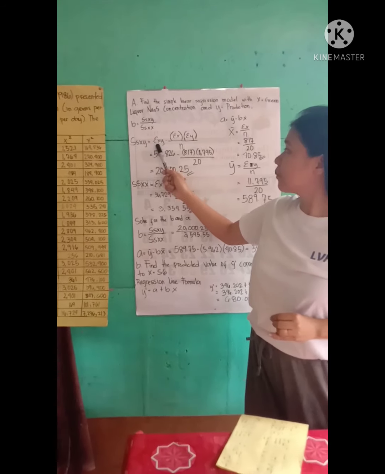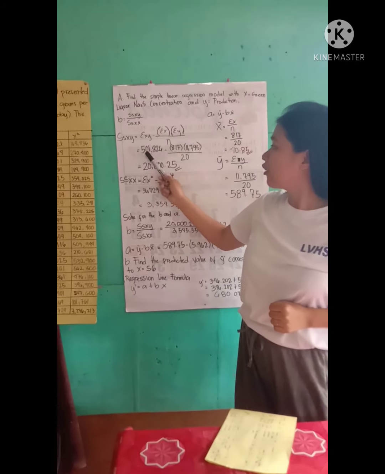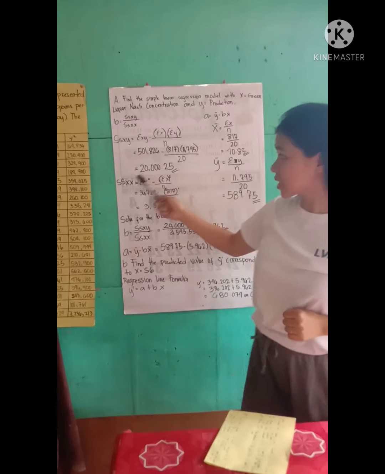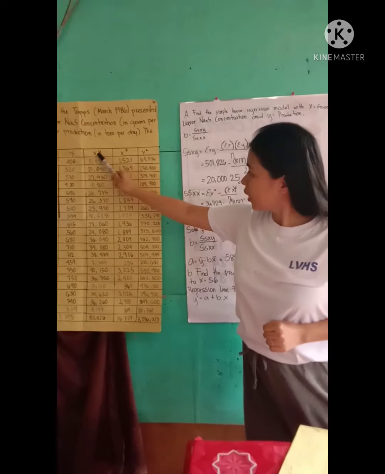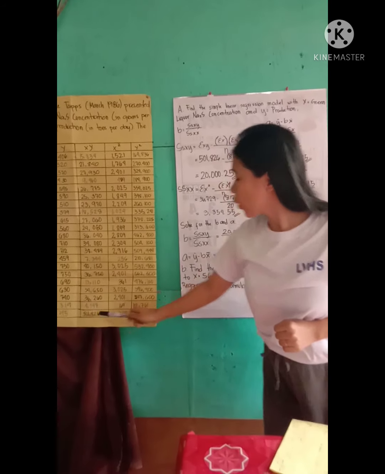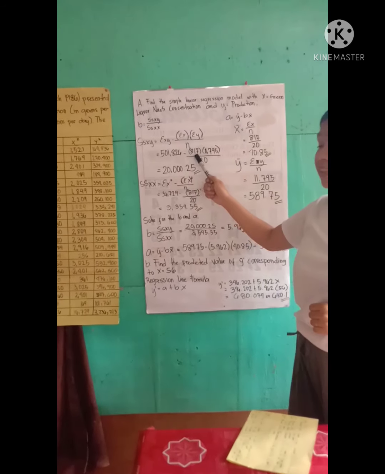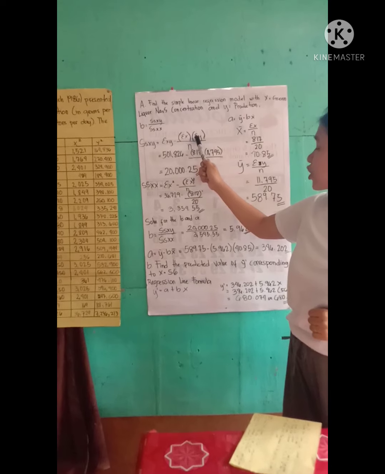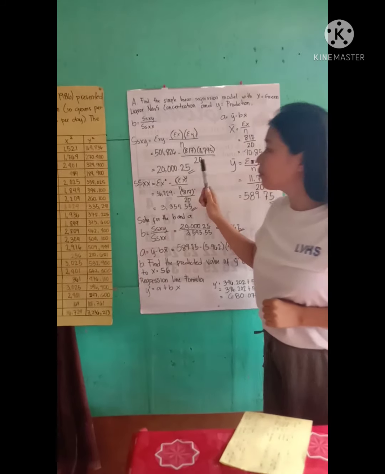So the summation of xy is equal to 501,826. For the summation of x, it is 817, and the summation of y is 11,795, divided by n.